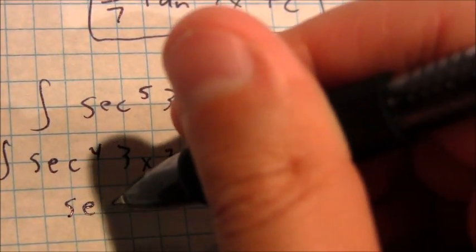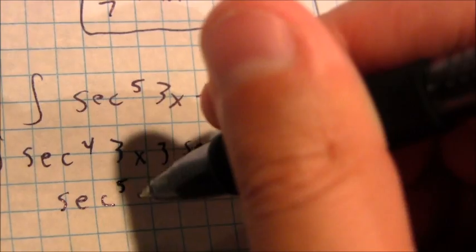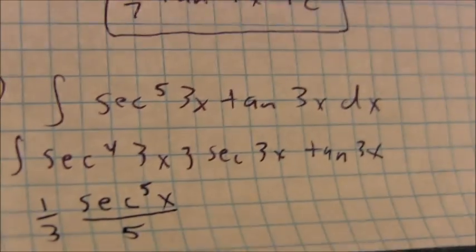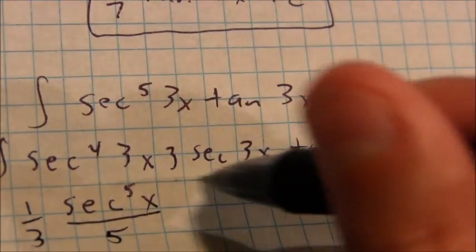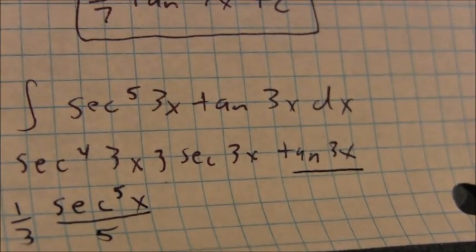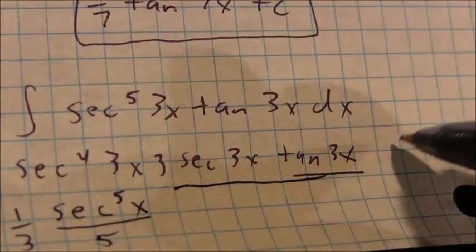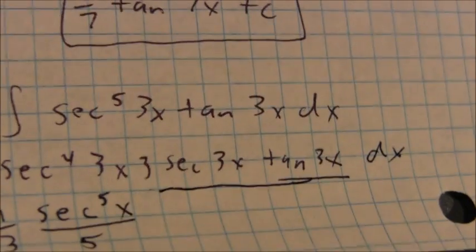I'm going to have secant to the 4th raised by 1 power. Of course, I'm going to need to divide by 5 there. Of course, I've got my 1/3. And notice that 3 secant 3x tangent 3x, that's all derivative of my inside function.